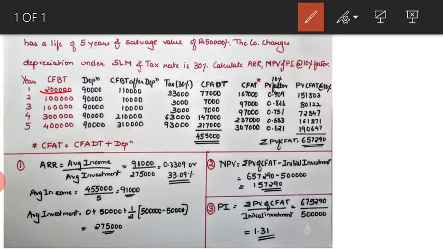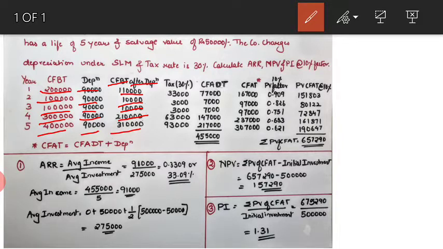So 2 lakh minus 90,000 gives you 1 lakh 10,000. 1 lakh minus 90,000 is 10,000. 1 lakh minus 90,000 is 10,000. 3 lakh minus 90,000 is 2 lakh 10,000, and 4 lakh minus 90,000 is 3 lakh 10,000.